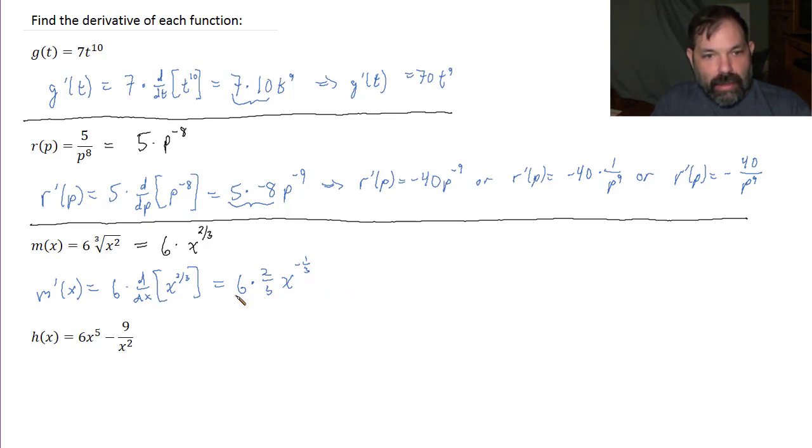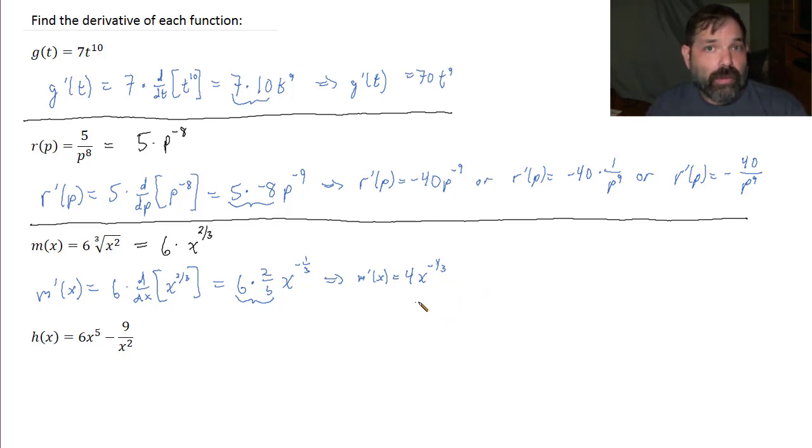All right, and again, I can simplify these factors. 6 times 2/3 is 4. So I would maybe write that m prime of x is 4x to the -1/3 power.